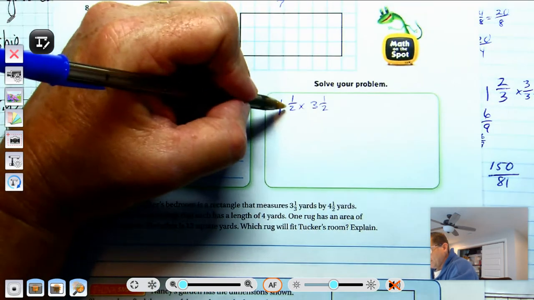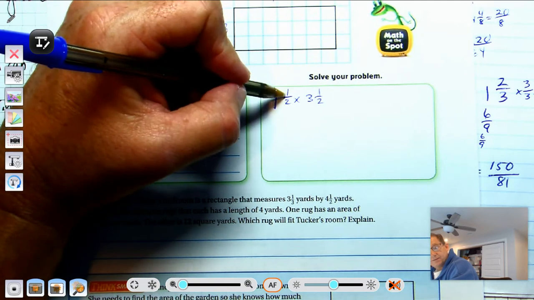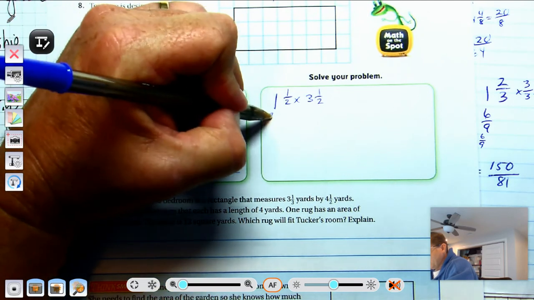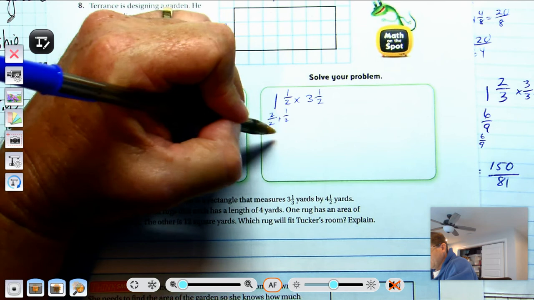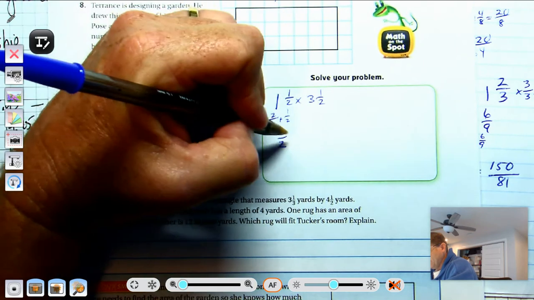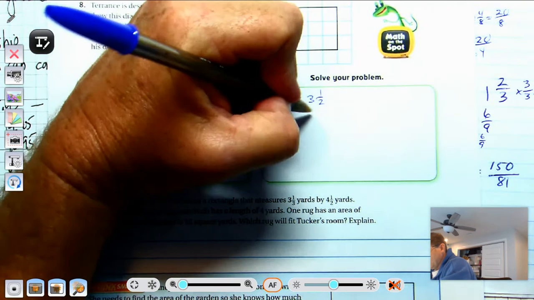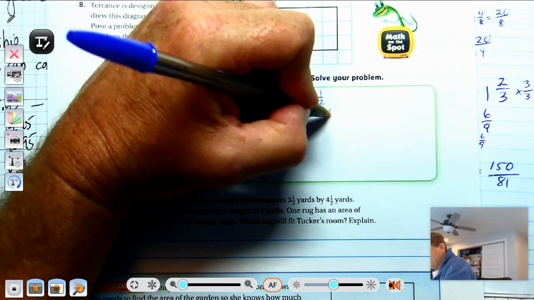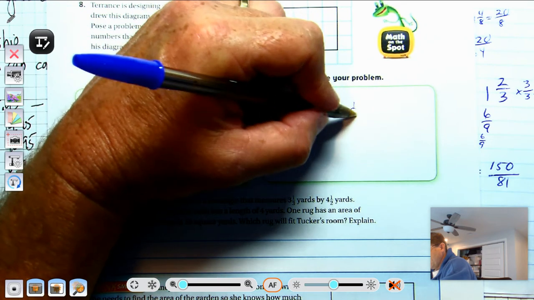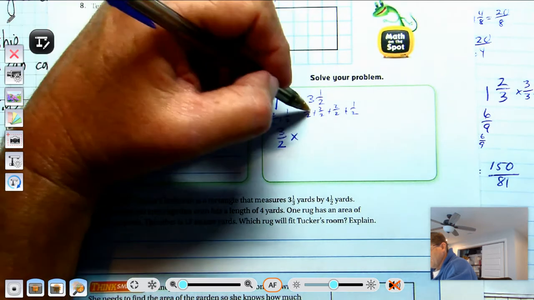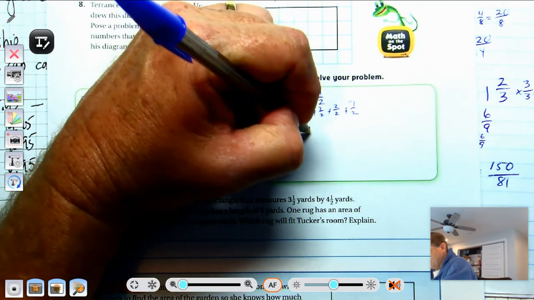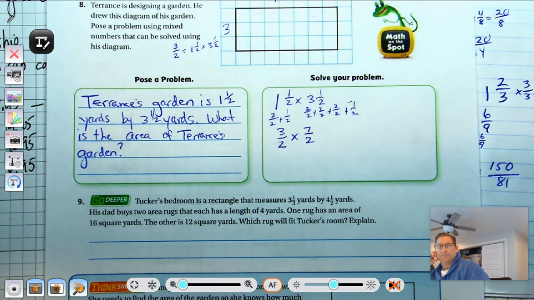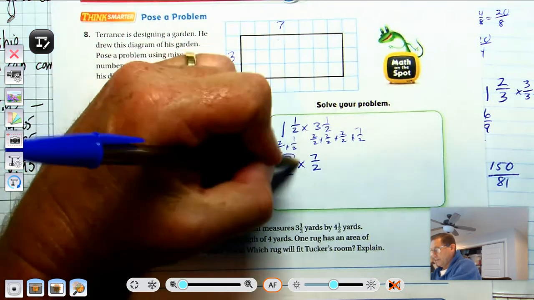Okay, how many halves are in 1/2? It would be 2/2 plus 1/2, which is 3 halves, times 3/2 would be 2 halves plus 2 halves plus 2 halves plus 1/2. So 2, 4, 6, 7 halves. And that's what we see.